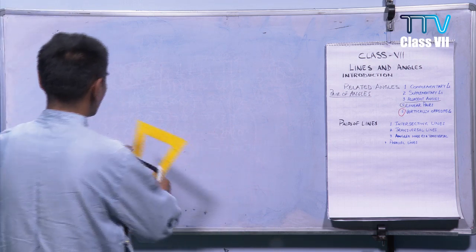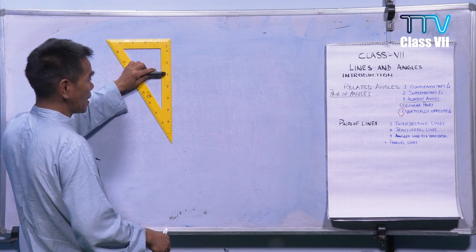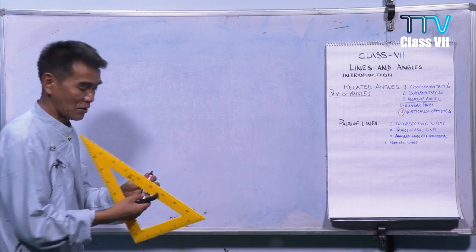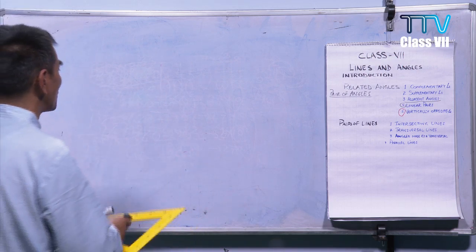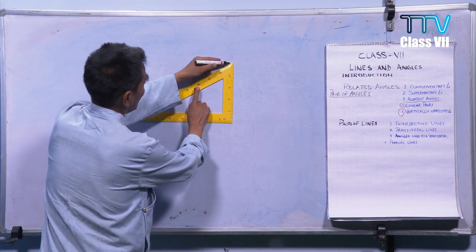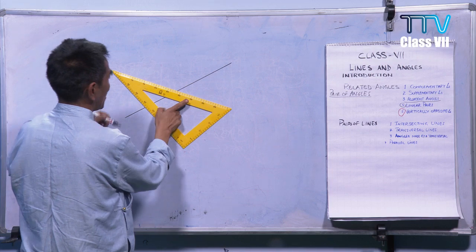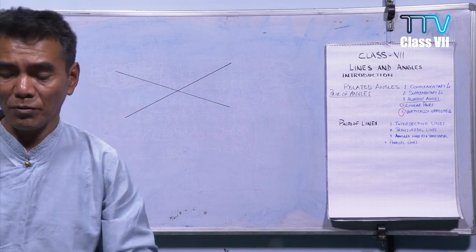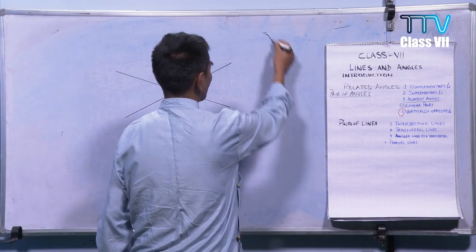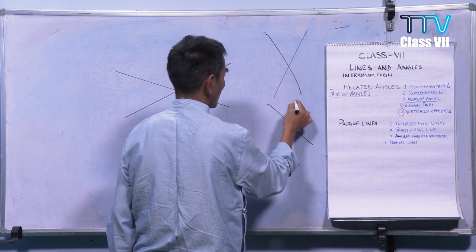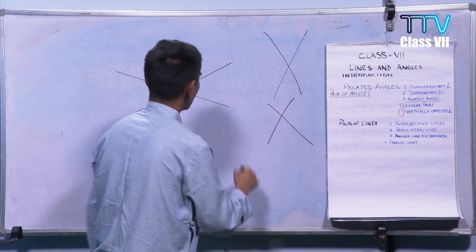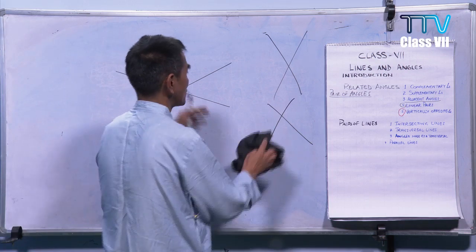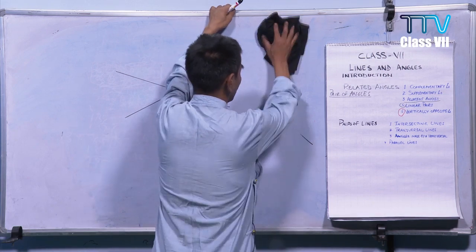When lines intersect, you draw the lines with a scale and compass, or a protractor, perfectly. Freehand drawings are not perfect. I think with a scale I can call this a line, and this is not a line. These are curves.